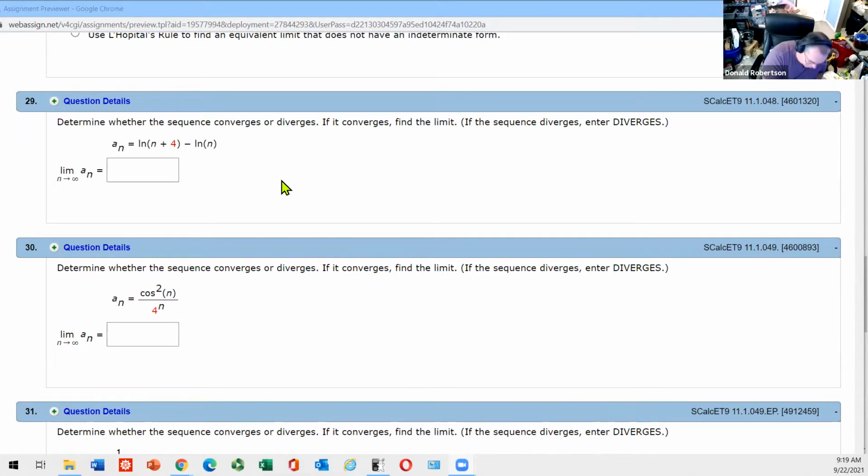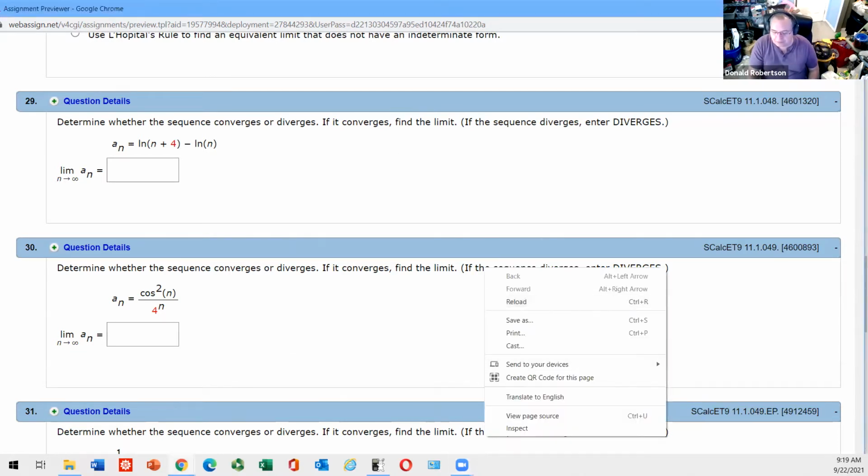Okay, so let's kick out brute force right now. Okay, I'm writing that one down so we can zoom back to it then. Could you break that natural log apart? The natural log of, I think it was n+4, and then divide by natural log.